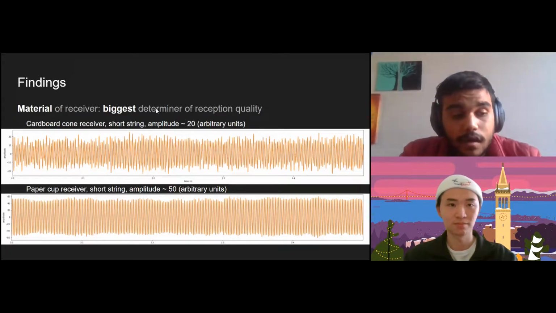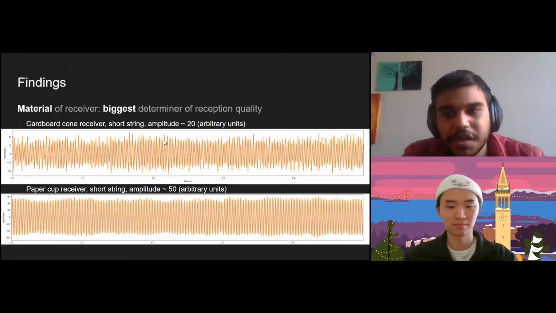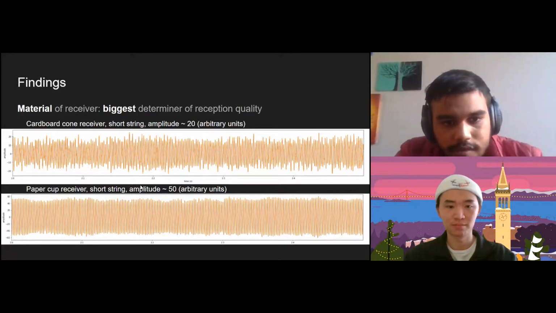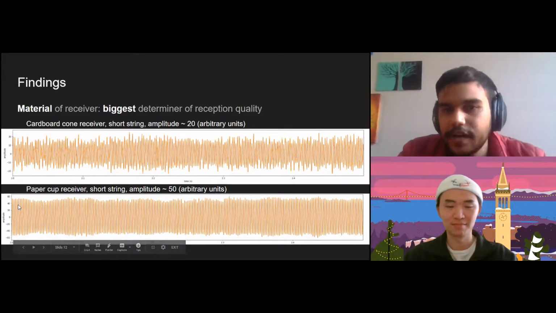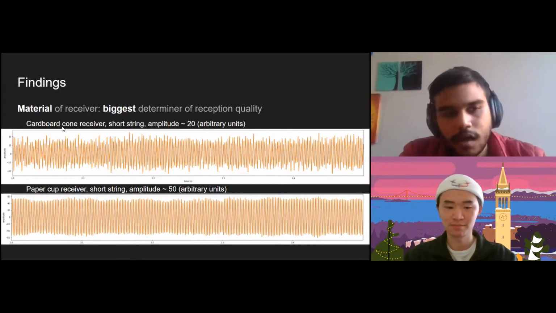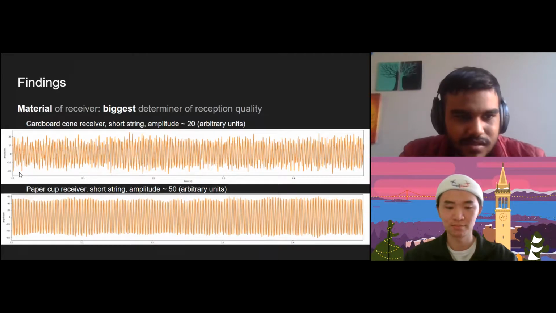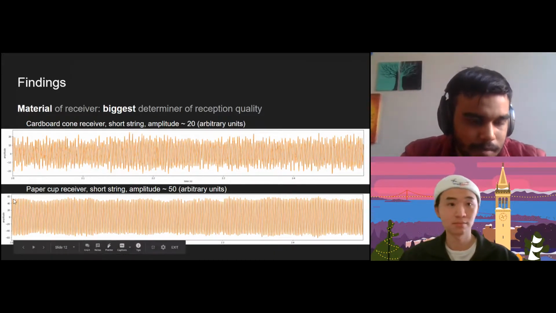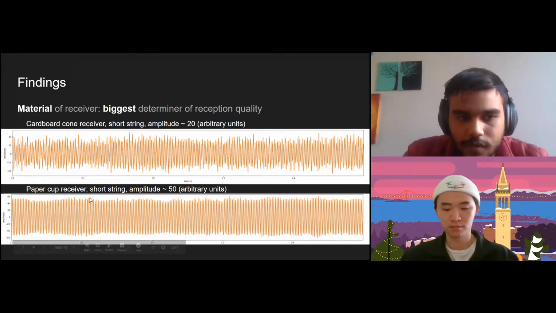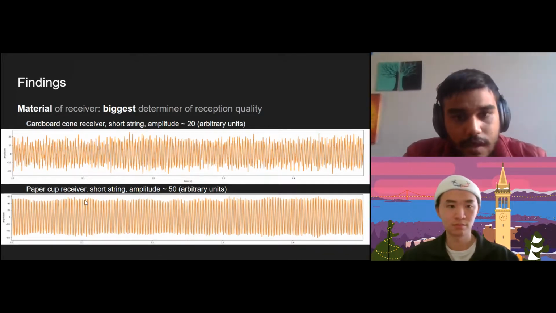The other parameter we tried to control for is the material and shape of the receiver. Here we see the same length of string being used, but different receivers. And here it's blatantly obvious: for the cardboard cone, the amplitude is much smaller, almost less than half of the amplitude for a paper cup receiver.